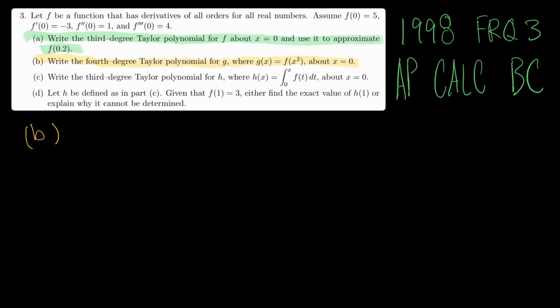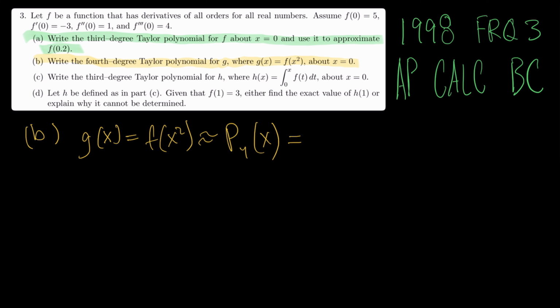So we have g of x equals f of x squared, which is approximately equal to p sub 4 of x, which equals, and now I'm just going to look at the problem from part A, where we wrote out the Taylor polynomial, the third degree, for f, and I'm just going to substitute x squared, and I will stop where I find that I have written the fourth degree.